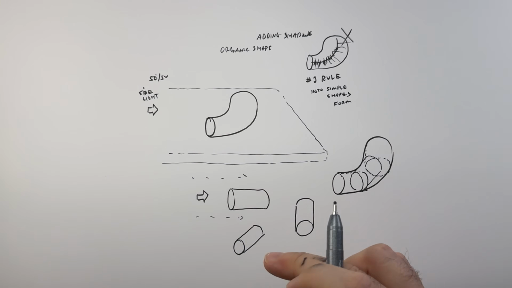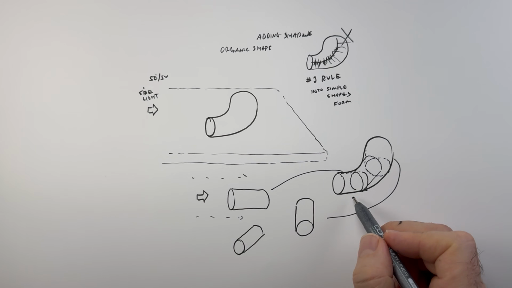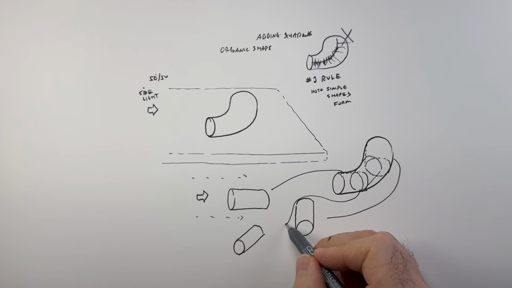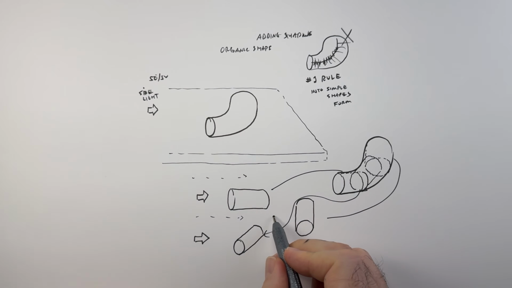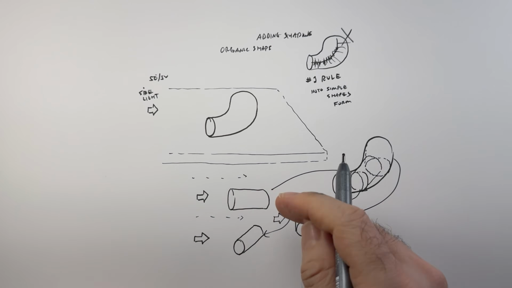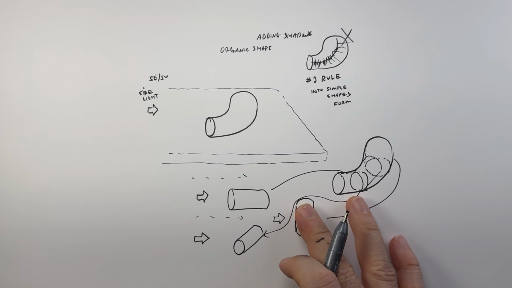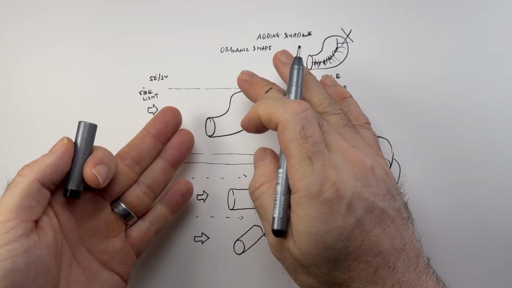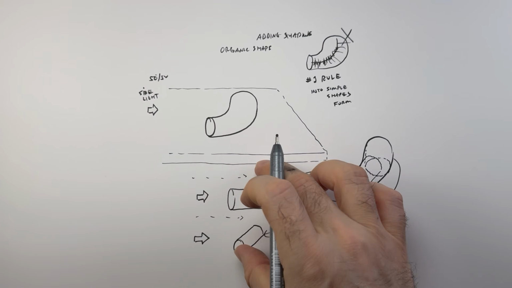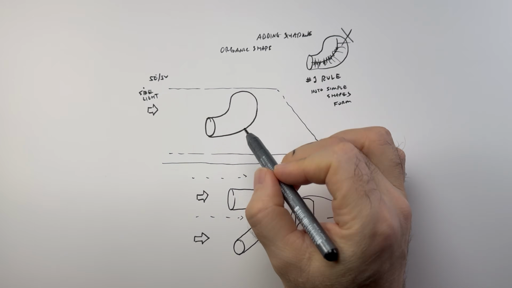Expand them out, and here they are. This one goes here, this one goes here, and this one goes here. So with the light source of a side light, how do you add form shadows to these shapes, which represent this organic shape? When you understand this in its simplest shapes, it'll help you to then add shadow here.